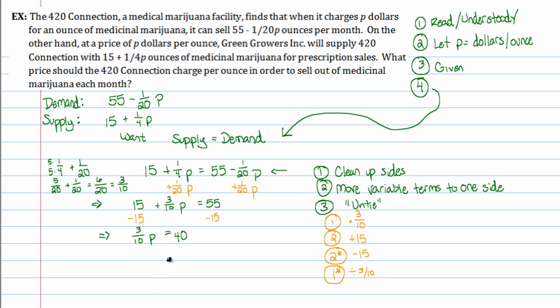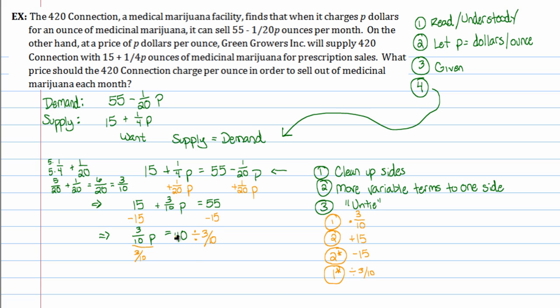And now we'll go ahead and solve for p by multiplying both sides by 10 and dividing both sides by 3, or basically just dividing both sides by 3/10. If you divide both sides by 3/10, you'll see 3/10 over 3/10 turns into 1. I'll divide this side by 3/10.